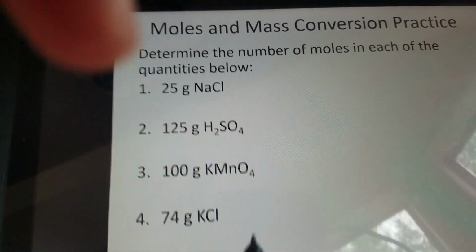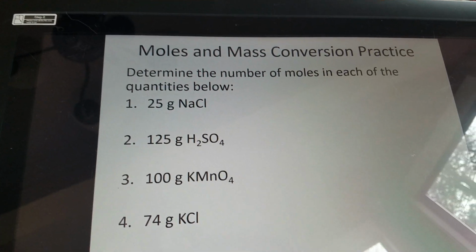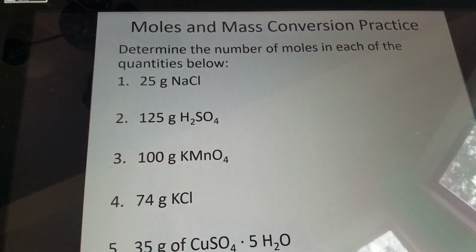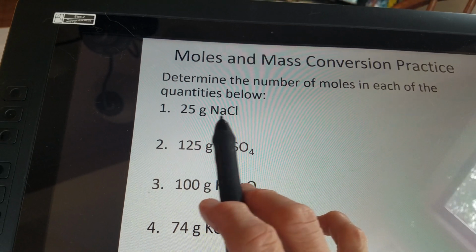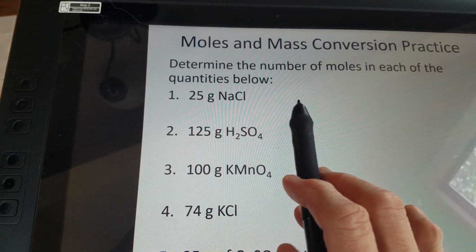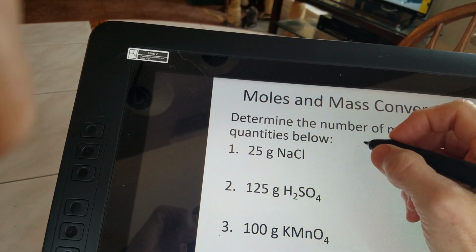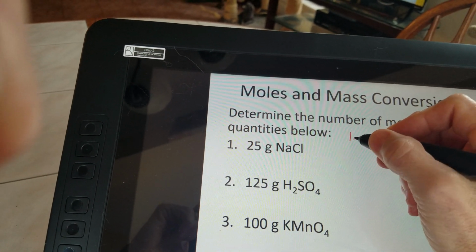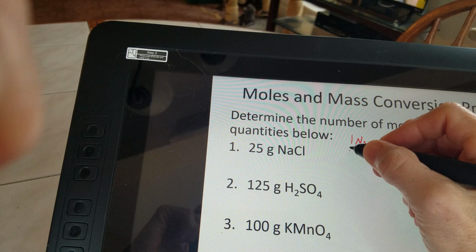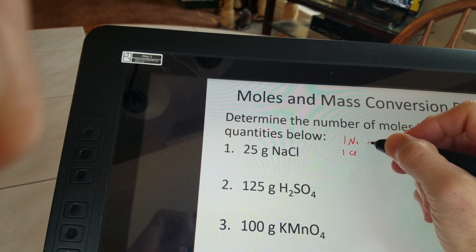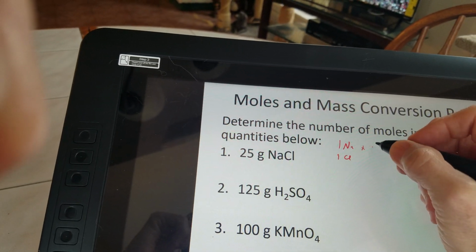So we'll start off with the grams. If we have a certain number of grams, in this case 25 grams of sodium chloride, and we want to convert it into moles, then the first thing we've got to do is determine our number of each atom. So we have 1 sodium, we have 1 chlorine. We'll multiply each one of these by their atomic mass.